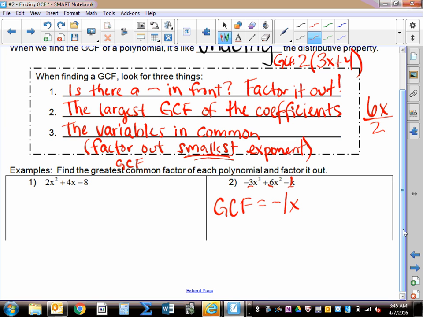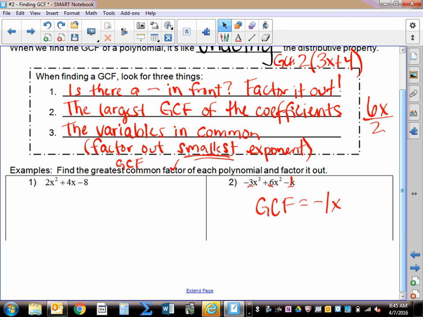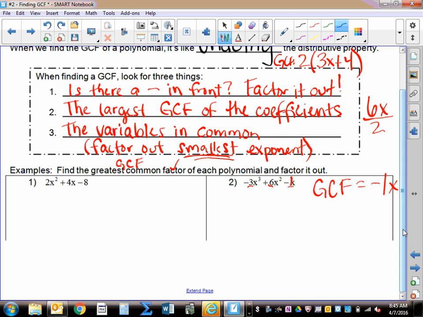Okay, so now the trickier part. We found our greatest common factor, and it says to factor it out. So now we need to do that undoing of the distributive property. If I take out a -1x, we always write that in first.